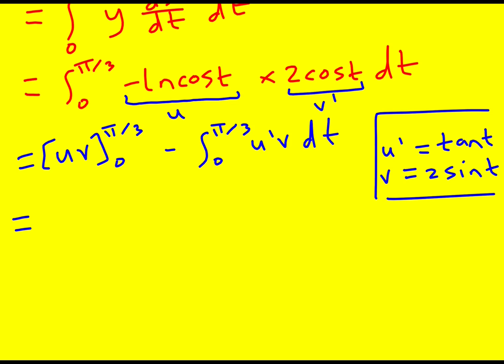Okay, then let's put this next step in. So it's going to be minus ln cos t times 2 sine t evaluated between 0 and pi over 3.